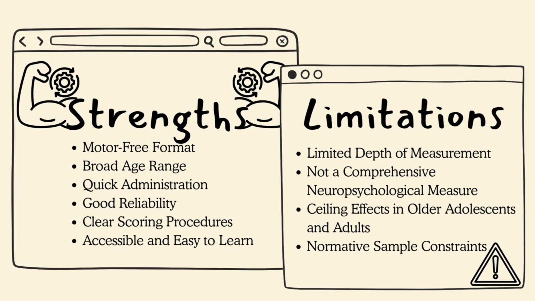The limitations are that it only provides a single composite score, like I was telling you before, and the earlier versions included subtests like spatial relations, figure ground, and those types of things.